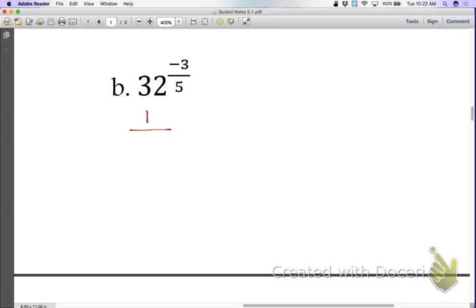So if I have 1 over 32 to the 3/5 power. Why am I able to do that? Because of that negative?